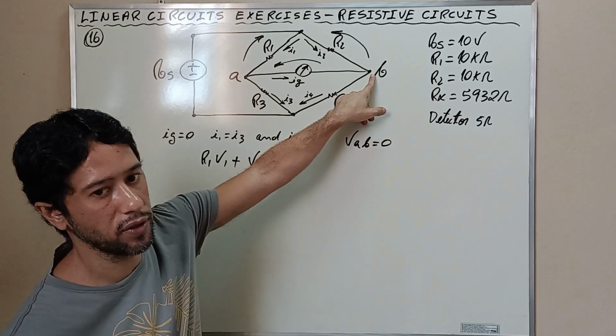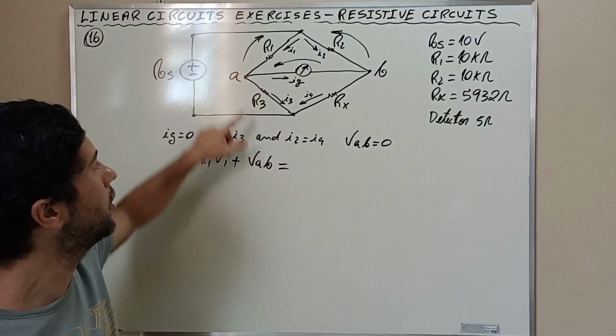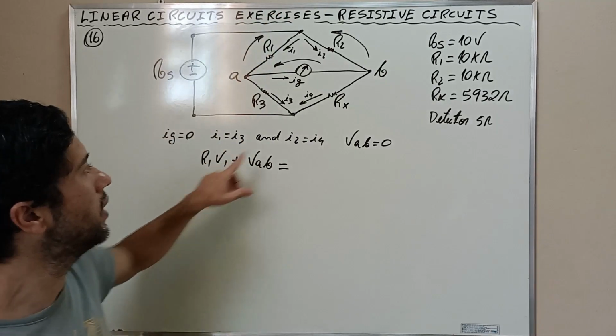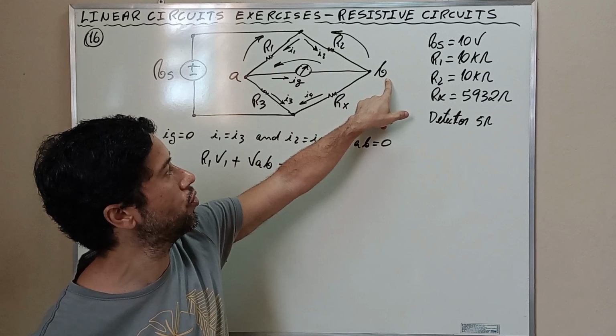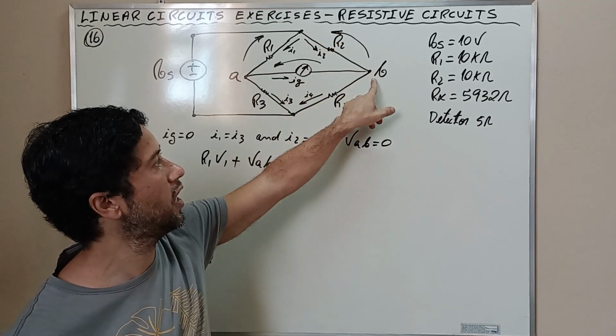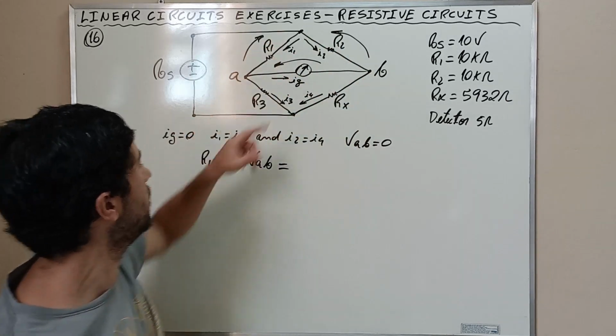From this point to this point, it is VAB. From this point to this point, it is R1 I1, and this has to be equal to this, okay? They are the same voltage, but in different ways, okay?